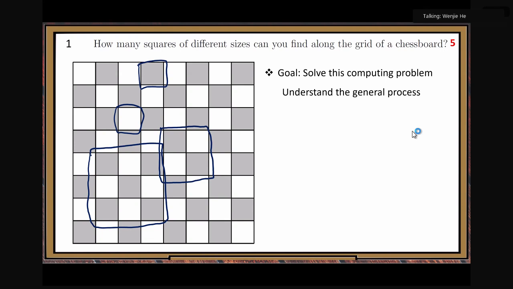Then, when you study the data, you need to study the properties of your data. Try your best to observe and find the properties of the data.